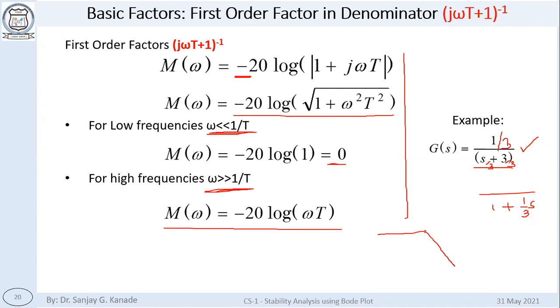The calculation of the corner frequency is the same, 1 by t. Before the corner frequency, our magnitude is 0. After the corner frequency, our magnitude is a straight line with a slope of minus 20 dB per decade. So this is the magnitude plot of the first order factor in the denominator.